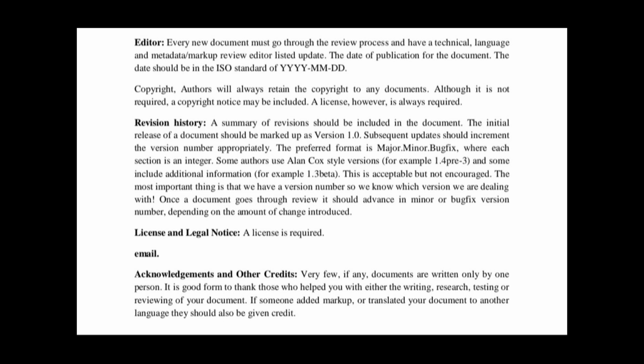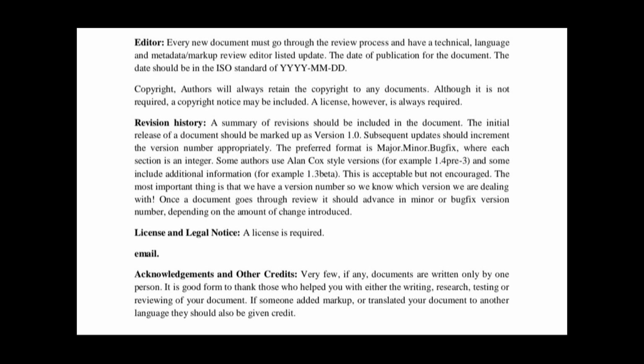Once a document goes through review, it should advance in minor or bug fix version number depending on the amount of change introduced. License and legal notices. A license is required. Email, acknowledgments, and other credits. Very few, if any, documents are written by only one person.